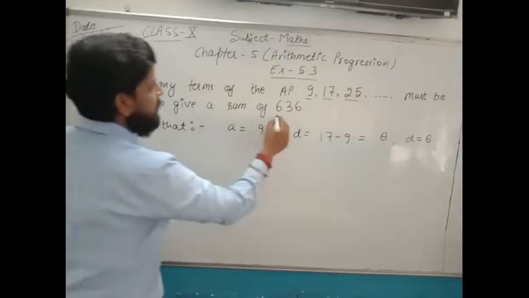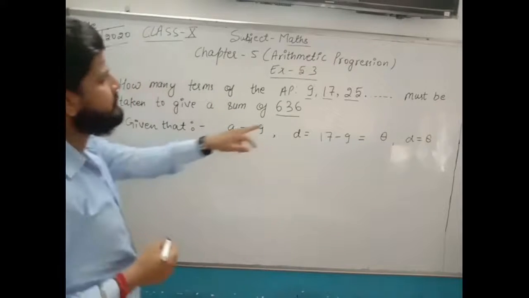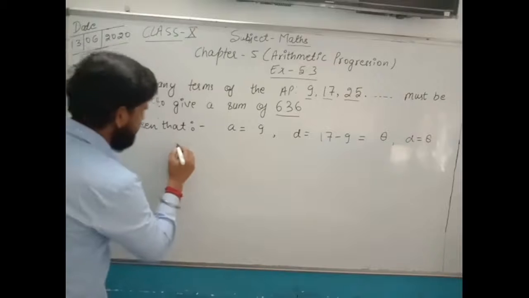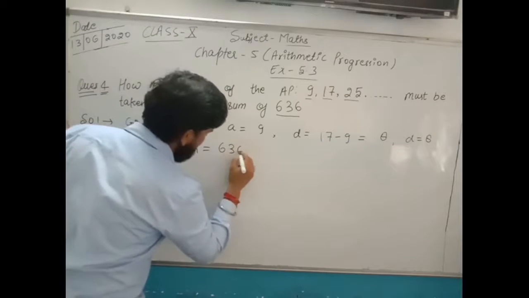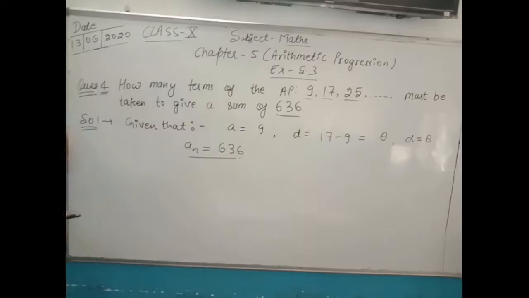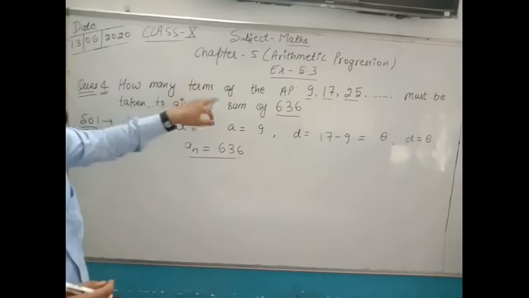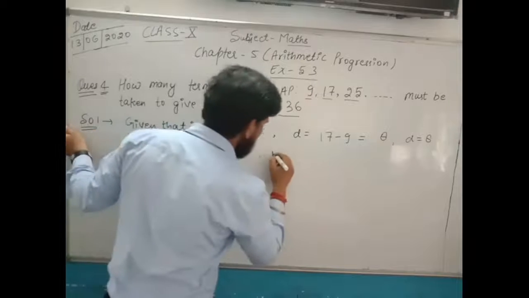So d is equal to 8 and a is equal to 9. And the sum of the n terms is equal to 636. So we can say Sn is equal to 636. Now we have to calculate the terms. Terms means n.